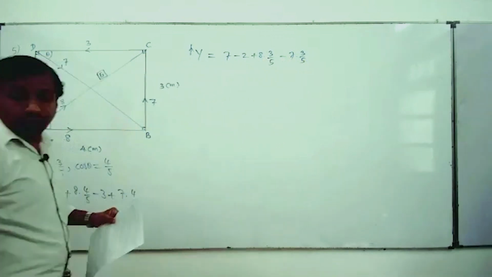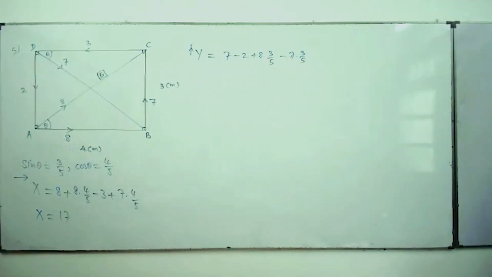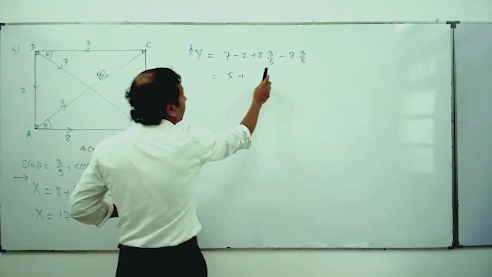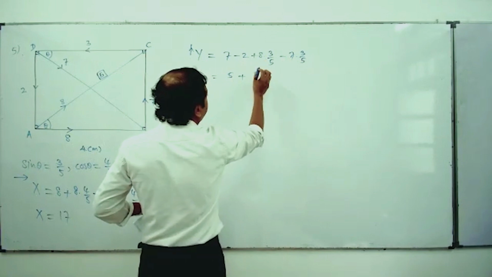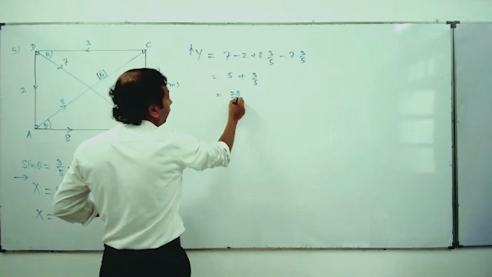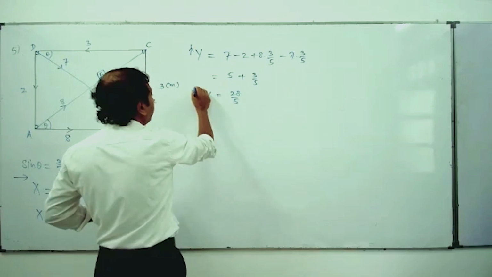Correct, no? Only 4 forces there we have. Then we can simplify. This is 5, here 3 by 5, then this is 28 by 5 upwards.